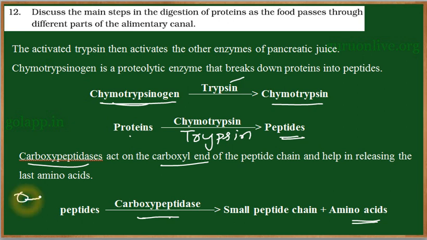If this is a polypeptide chain, with this the carboxy terminal and this the amino terminal, the carboxypeptidase recognizes the carboxyl terminal and starts removing amino acids from this end. Every time the enzyme acts upon a peptide, the peptide becomes shorter by one amino acid.